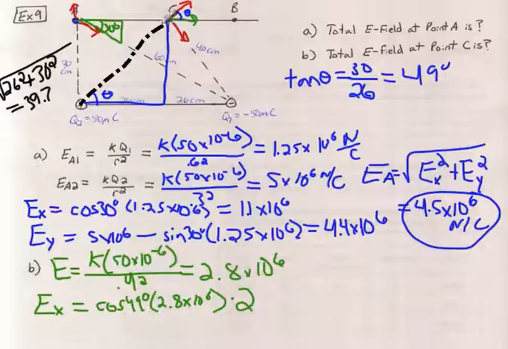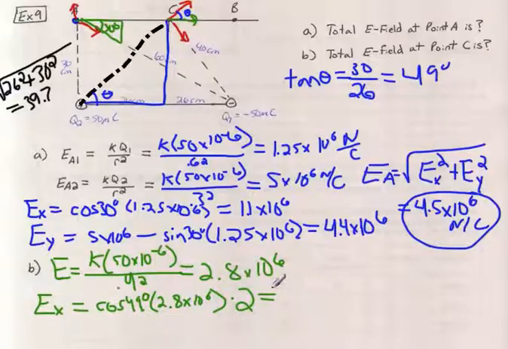This negative one is sucking the field that way. Does that make sense, right? It's sucking positive particles that way, and this positive charge is pushing positive particles that way, but the net effect is basically the same. So we'll just double it. Let's see what we get. So cosine of 49 times 2 times 2.8 times 10 to the 6th power.